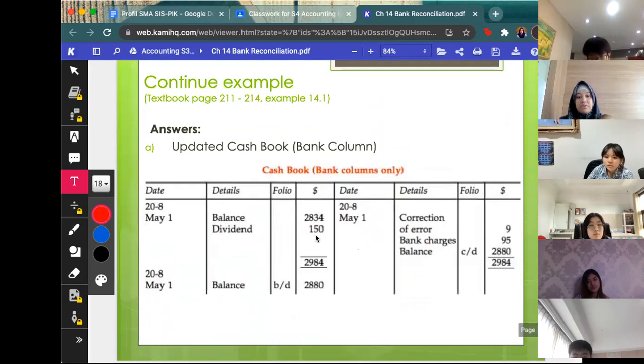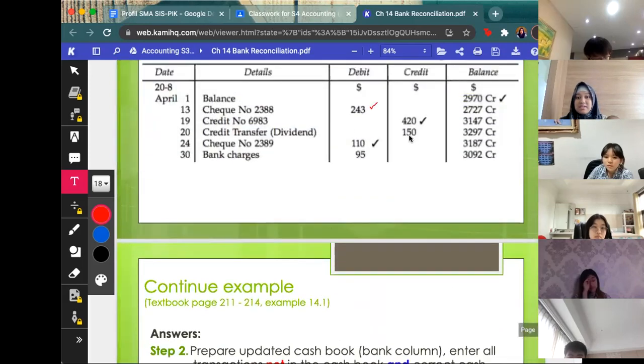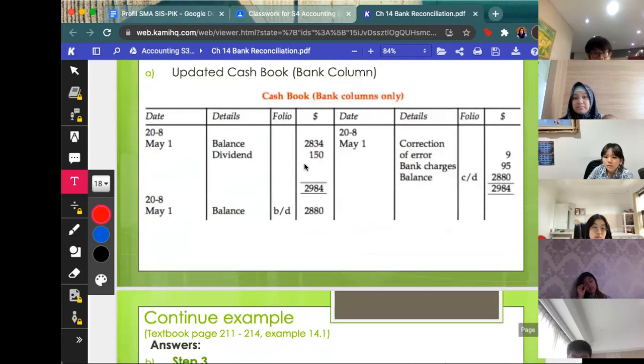So we put the dividend 150 on the debit side. Remember, opposite, yeah? 150 is shown on the credit side of the bank statement, so you have to put it on the debit side of the cash book. And then the correction that I asked you, 9, is put here on the credit side. You agree on 9 over here, yeah? We already discussed it above.